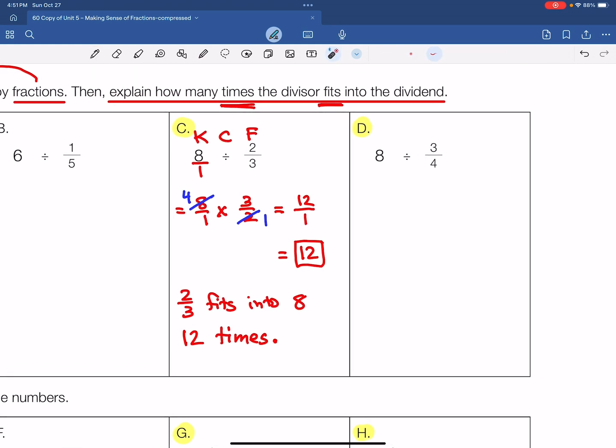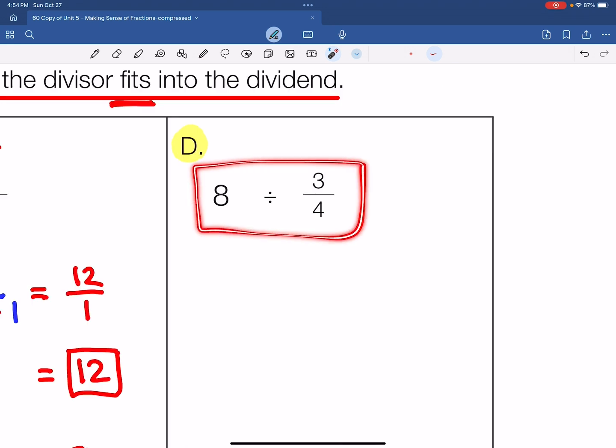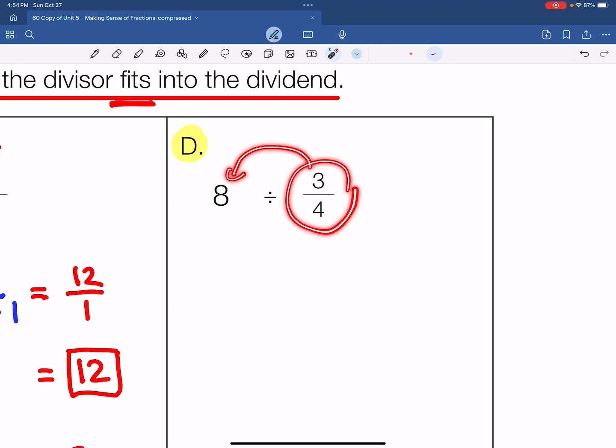Last one in part 1, letter D. 8 divided by 3/4. How many times does 3/4 fit into 8? So go ahead and divide that whole number by 1 to make it easier to work with. When you touch the operation, you'll see it's division, and we know that the rule is to rewrite it using keep, change, flip.